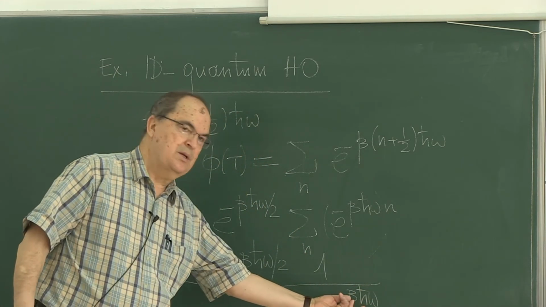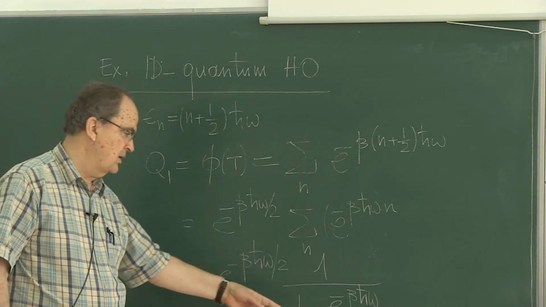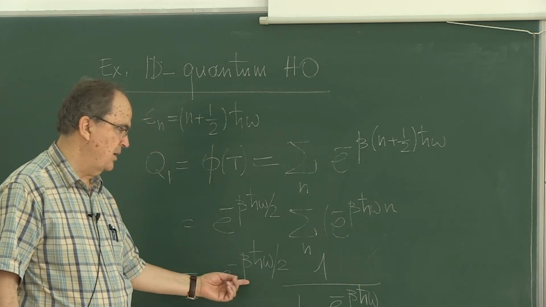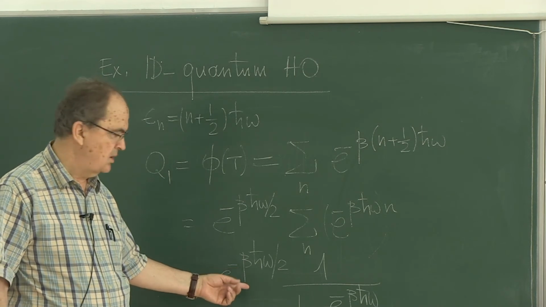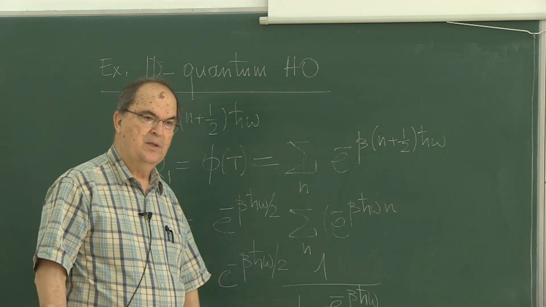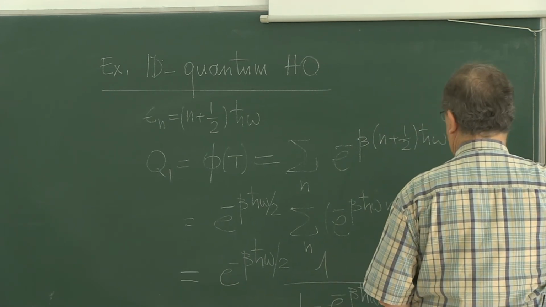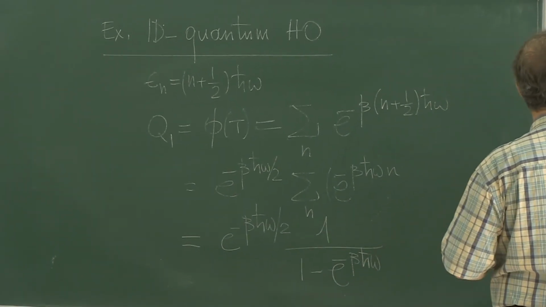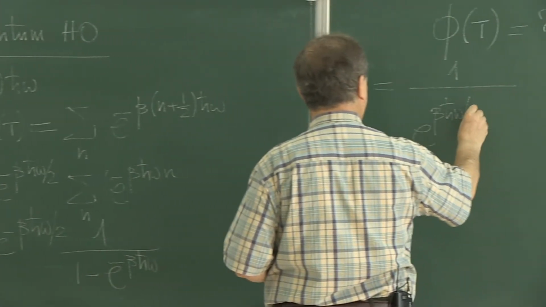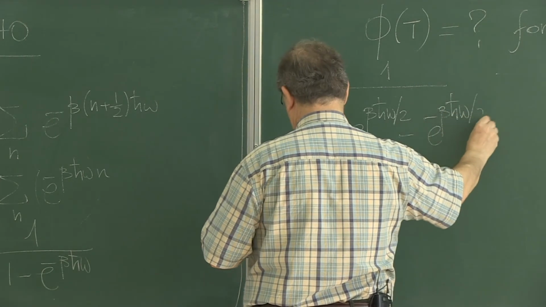Well, we have twice the same quantity, isn't it? We can take that denominator to the parentheses, e to the minus beta h bar omega over 2, then I have a positive e to the beta h bar omega over 2 and negative e to the minus beta h bar omega over 2. So that is 1 over e to the beta h bar omega over 2 minus e to the minus beta h bar omega over 2.